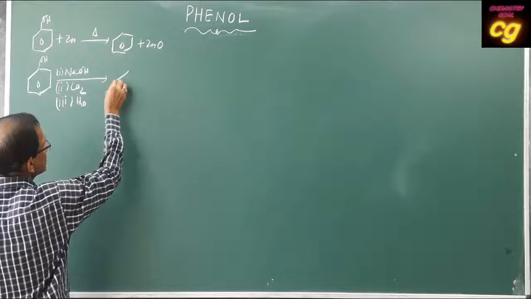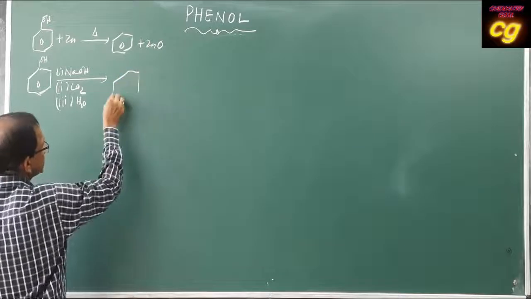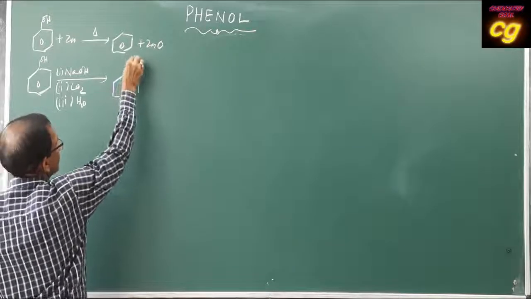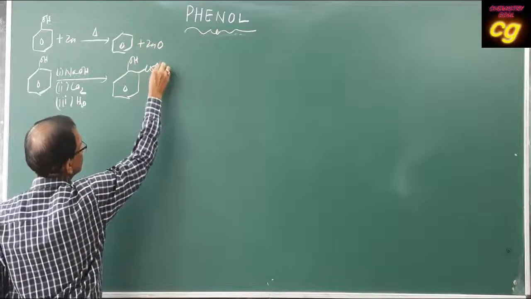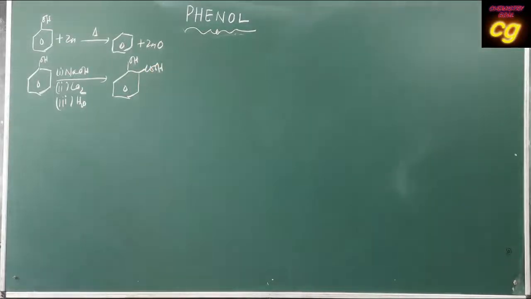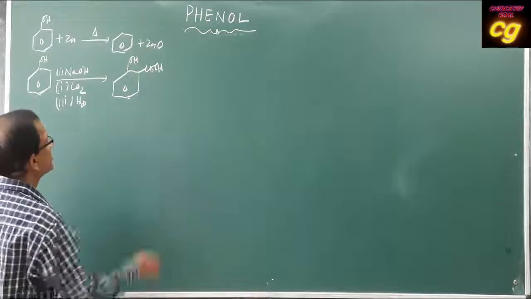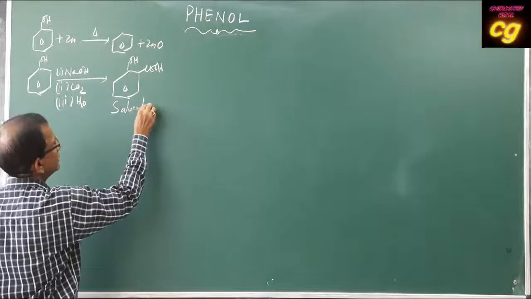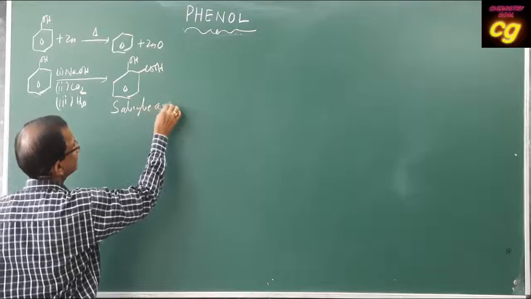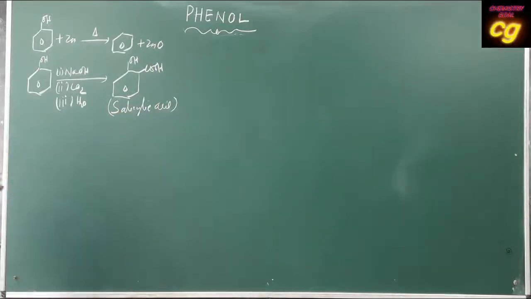The product is the carboxy derivative of phenol. Carboxy derivative of phenol, this is called salicylic acid. This compound is called salicylic acid.